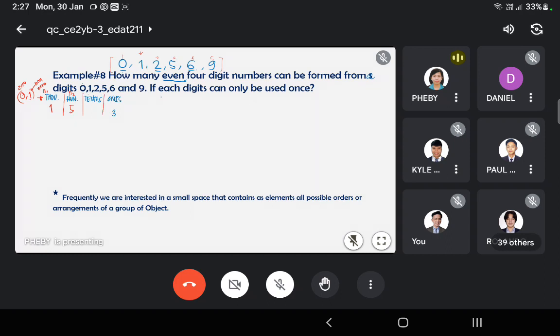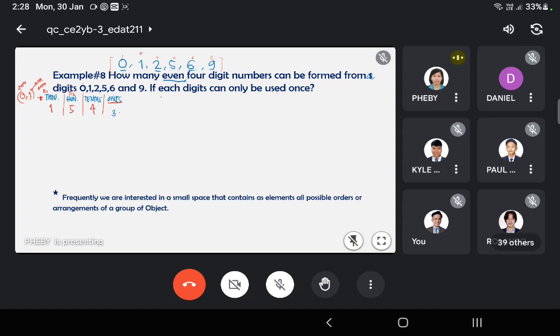And for tens naman, since nakaisa na tayo sa thousands, and then meron tayong 5 choices sa hundreds, and nakapili na tayo ng isa doon, therefore, 4 na lang yung choices natin para sa tens. And for the ones, ito nga yung 3 choices natin na pwedeng kalabasan, which is 2, 6, and 0.